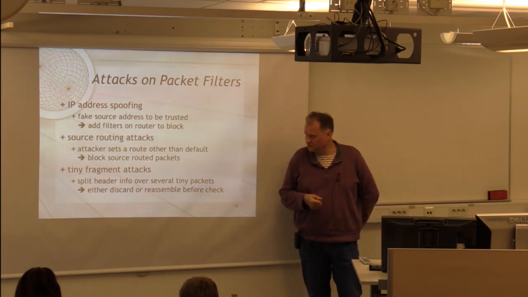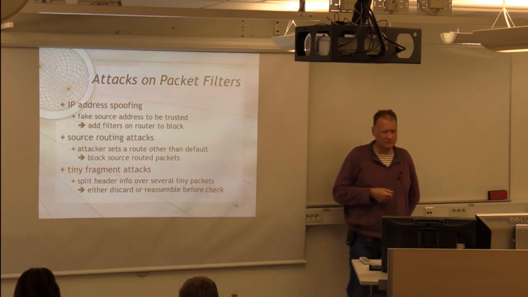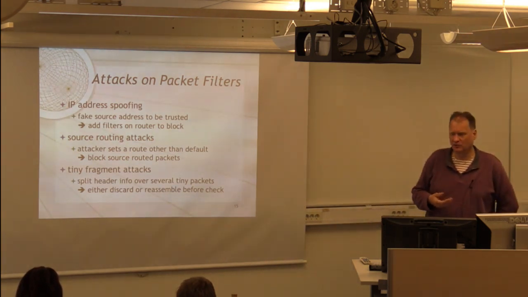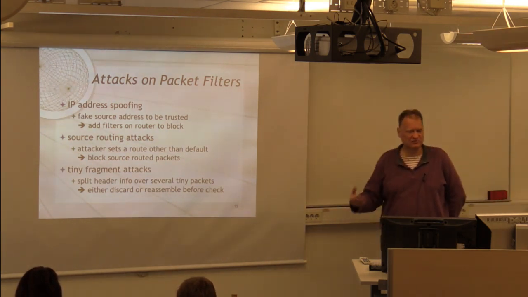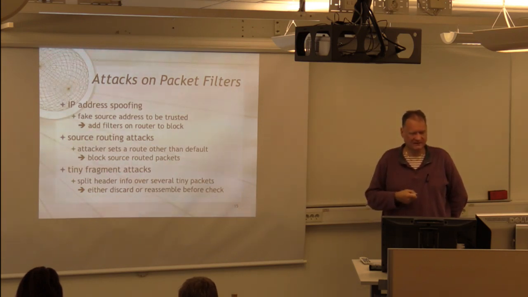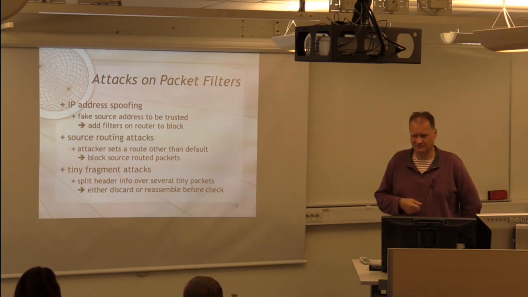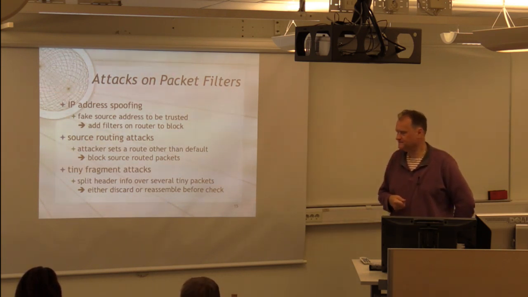Another attack is called source routing. Source routing is an option that we have in IP. Normally, we allow routers to decide how to forward a packet, but we have these extension headers in IPv6 or the normal headers in IPv4 that make it possible to do source routing. We decide how the packet should be routed when we create it.